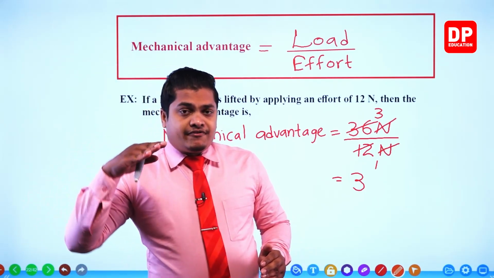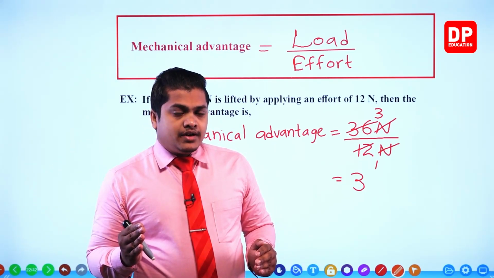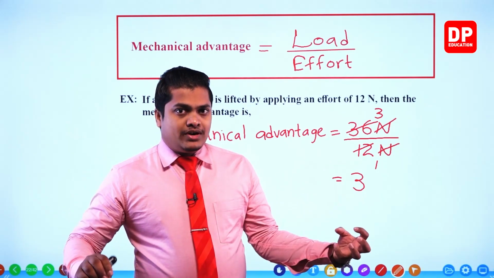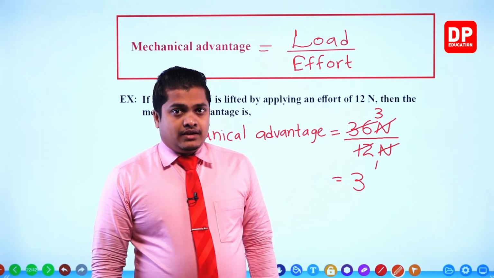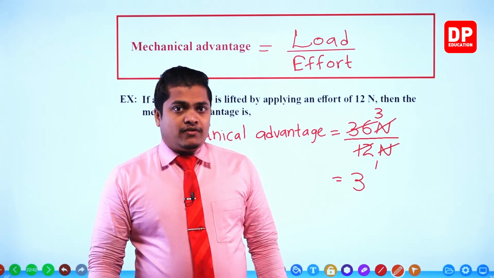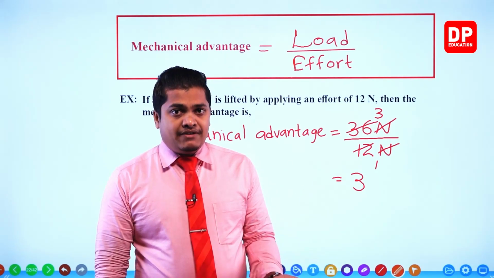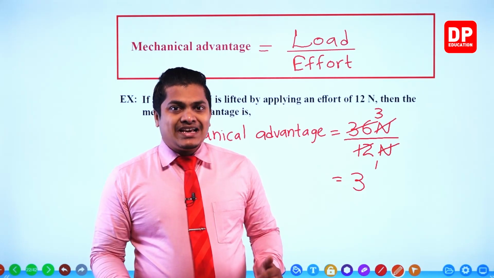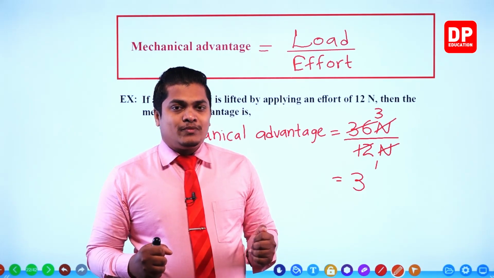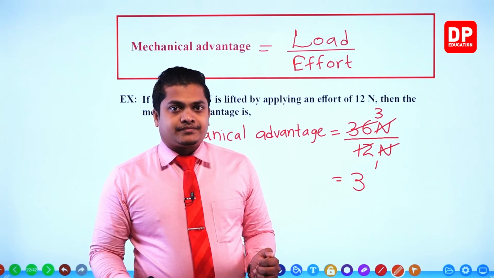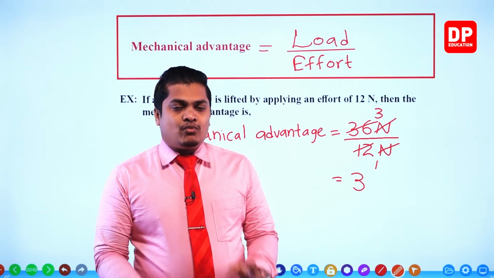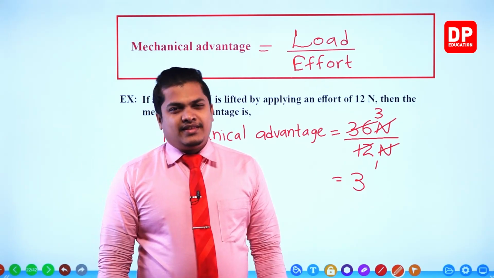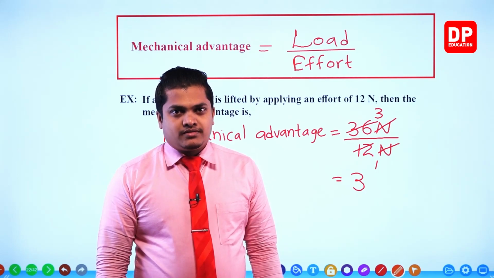That means the ratio between effort and the load is 1 to 3. By applying 1 Newton of force, we can lift 3 Newton on the other side. So mechanical advantage is the ratio between load and the effort. Okay, if the mechanical advantage is greater than 1, then the lever is quite beneficial to us.